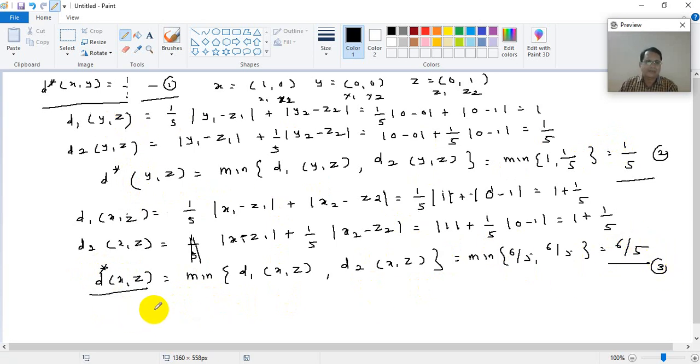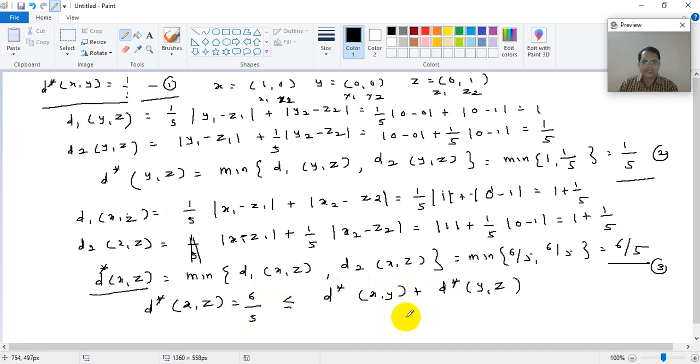Now according to the triangle inequality, d star xz, which is equal to 6 by 5, must be less than or equal to d star xy plus d star yz. But d star xy is 1 by 5, and d star yz is also 1 by 5.